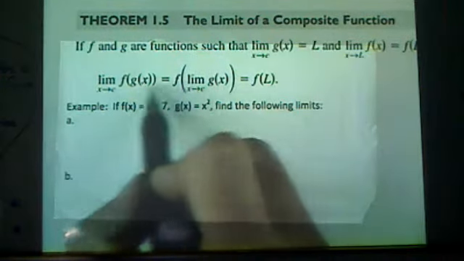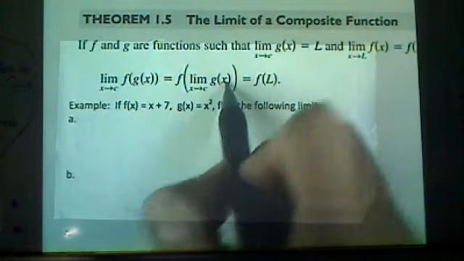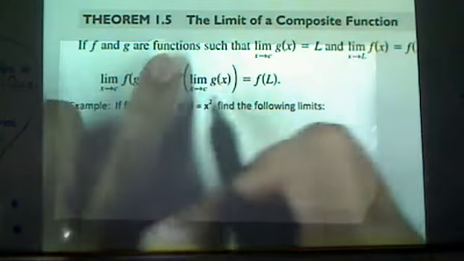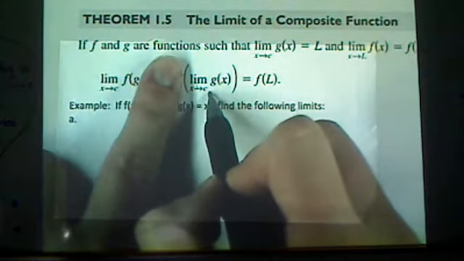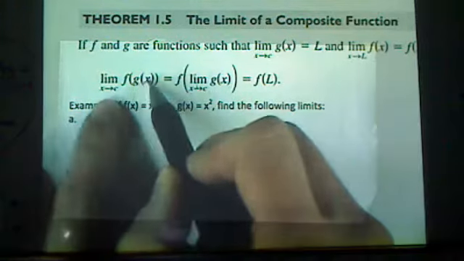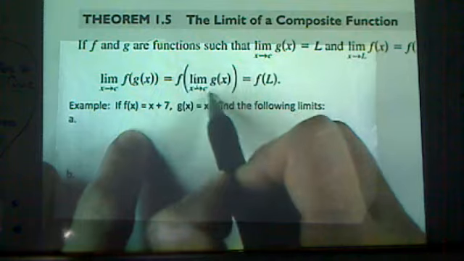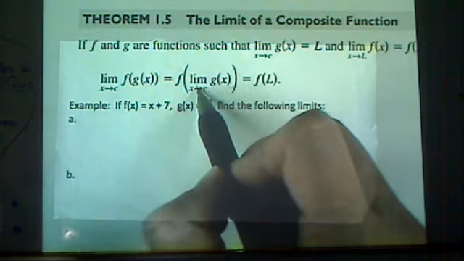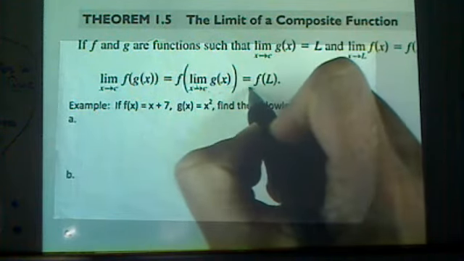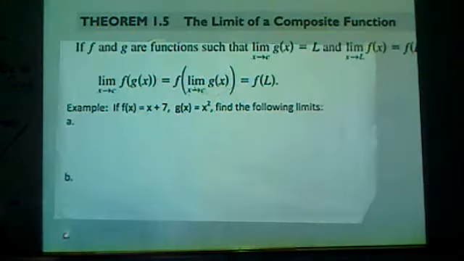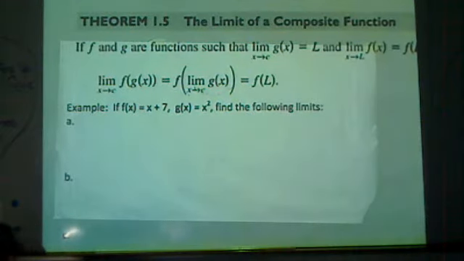Notice that here you find the limit as x approaches c of the inner function, and then you take whatever number that is, and you find the limit as x approaches the new number for the outside function. This makes more sense when we actually do an example, so let's get started.